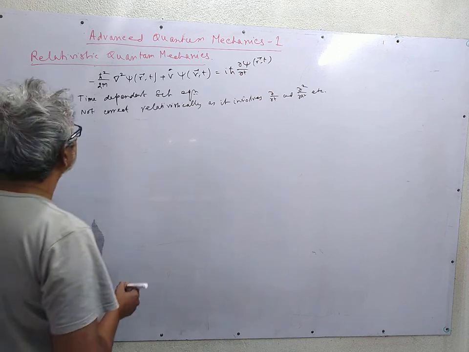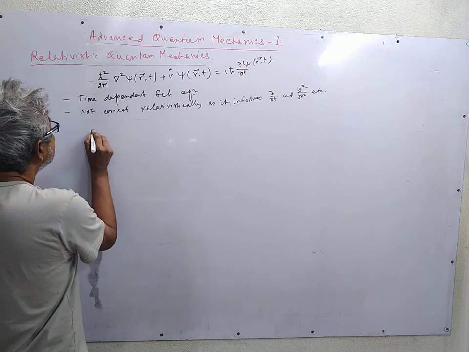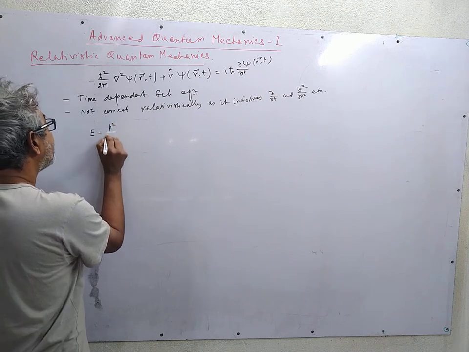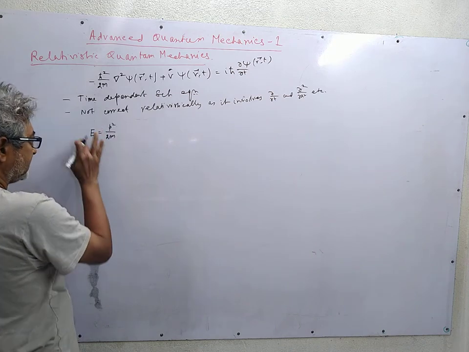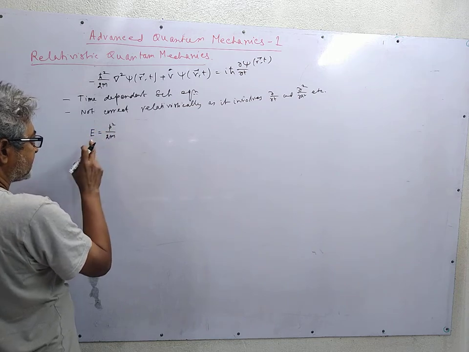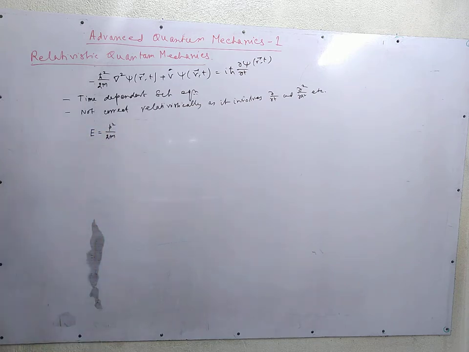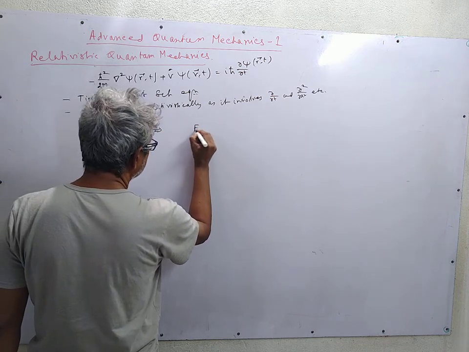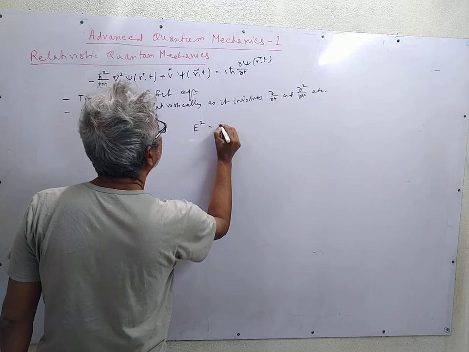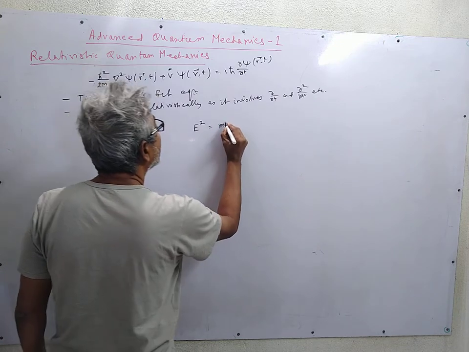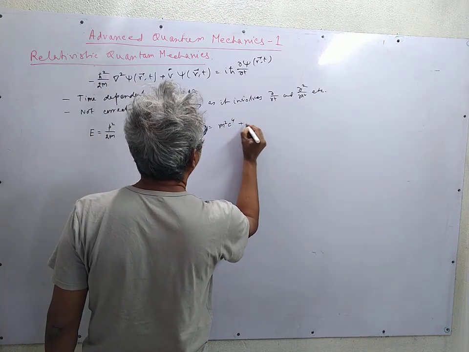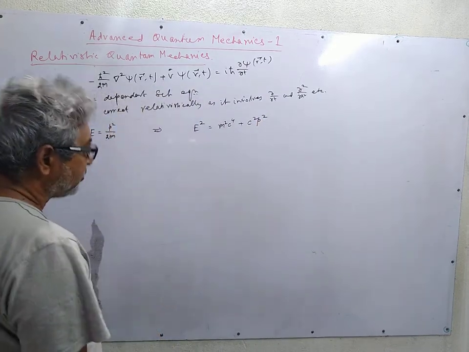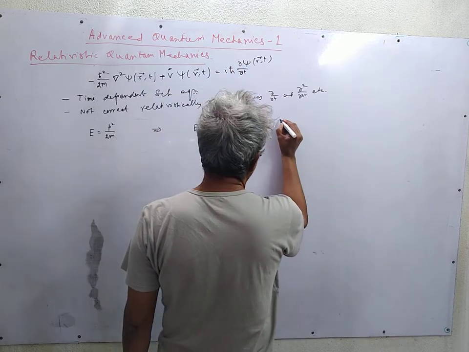The easiest way to include the relativistic effect is to replace the classical expression of energy for a free particle. In classical mechanics, the energy expression for a free particle is p square by twice m, and this is replaced in relativity by E square equals m square c to the power 4 plus c square p square, where m is the rest mass.